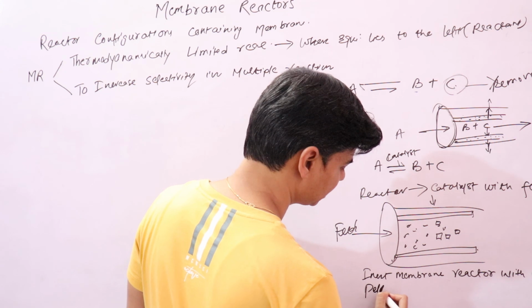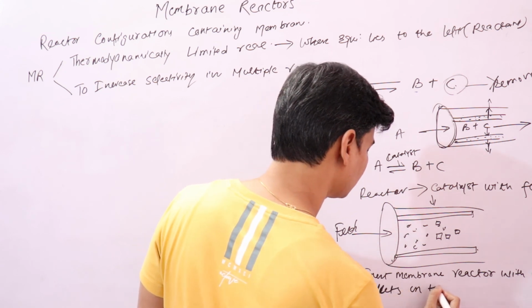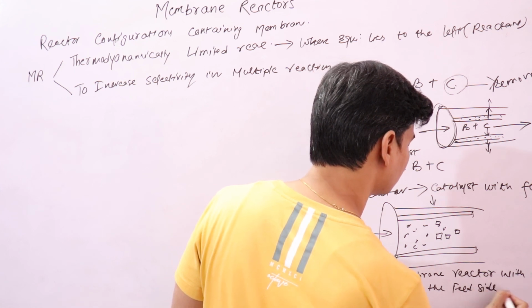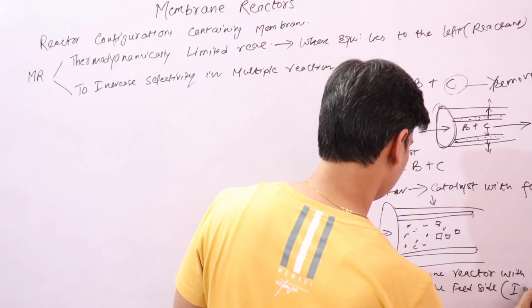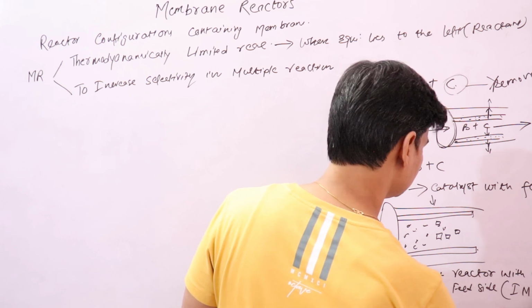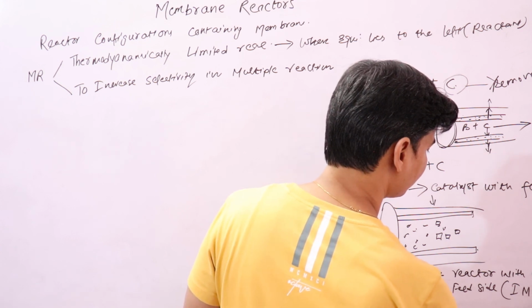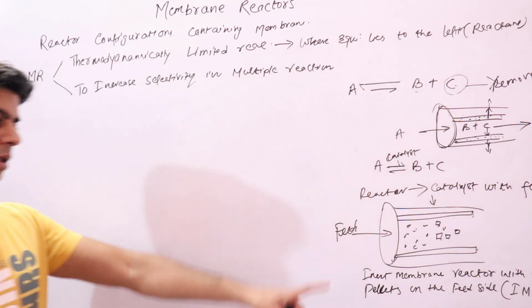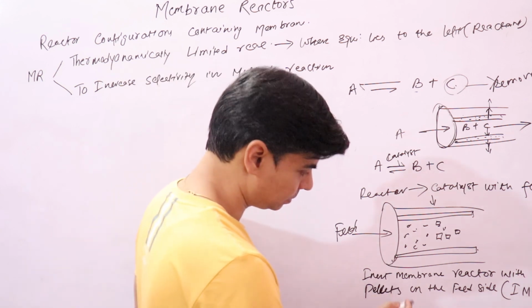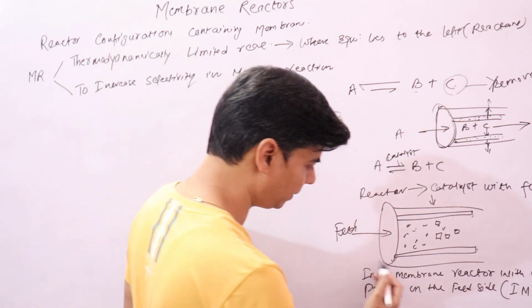with catalyst, let's say pellets, on the feed side, right? We call it IMRCF. This is how we abbreviate it, right? And just look at the word inert membrane.